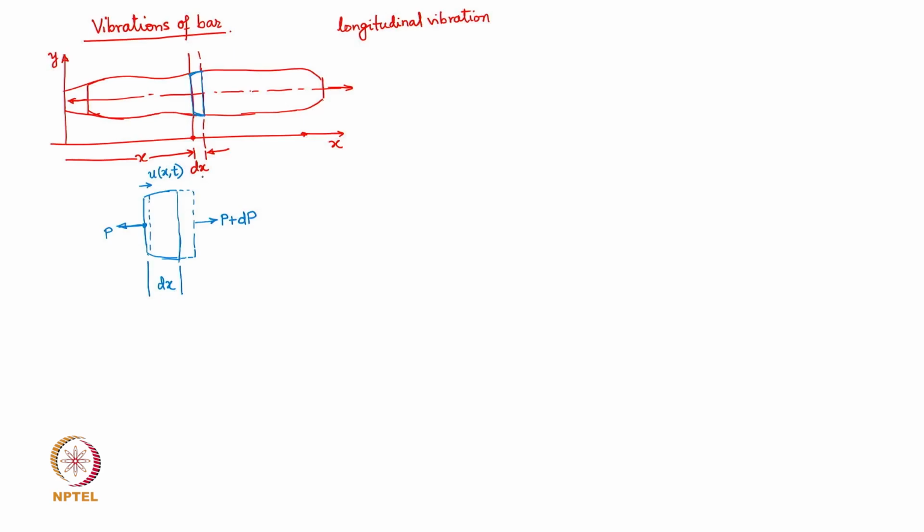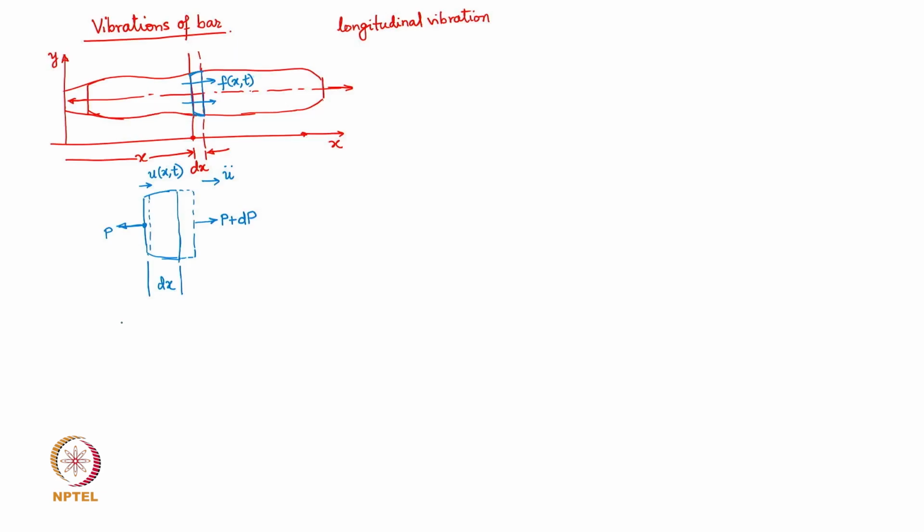So the displacement is assumed here, and the acceleration u double dot is going to be in the same direction. This bar can be subjected to external forces f(x, t), just like the case we did for the string vibration also. So there is an external force, some kind of a pulling force which is going to act, a dynamic force f(x, t).